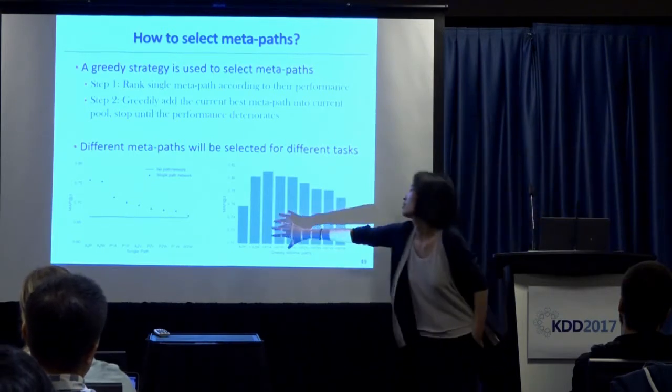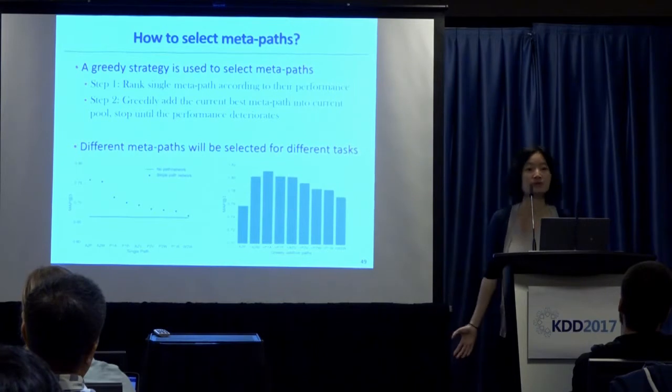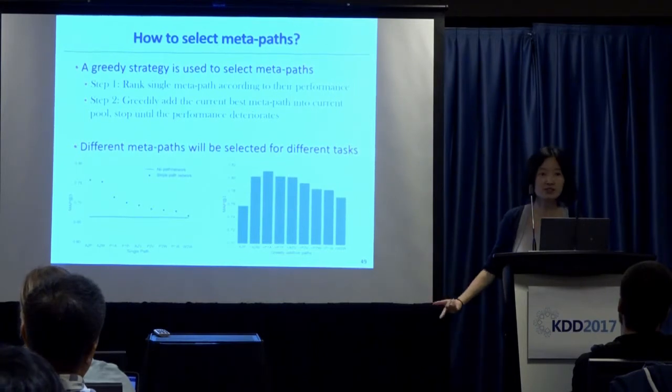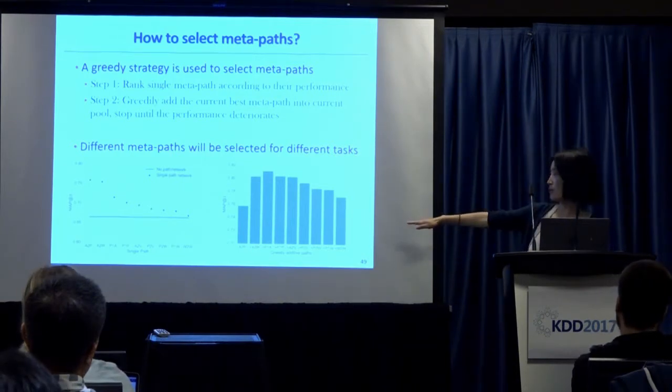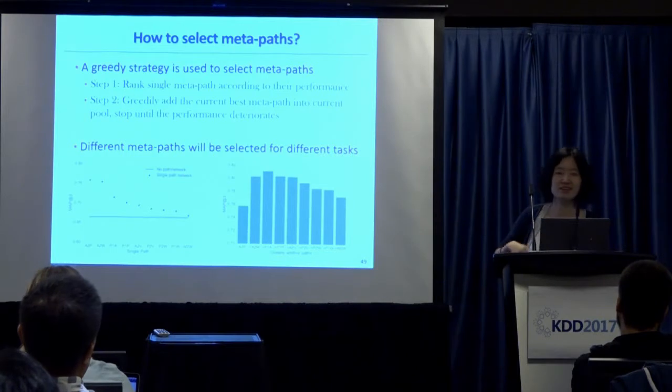These are just the candidate pool, and we need to rank them first, and then gradually add those metapaths one by one to our joint model until the performance deteriorates. Then we stop. So there are not so many. Fewer than I thought.